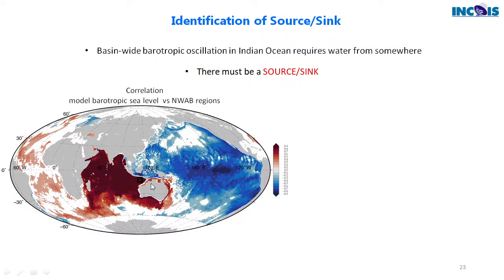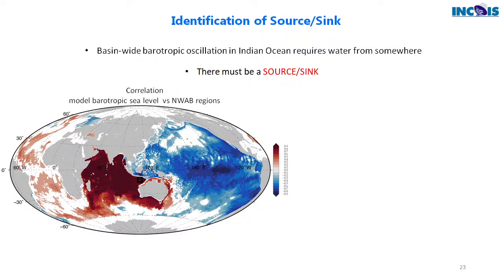It was very surprising that a positive correlation is seen for the entire Indian Ocean, which we have already seen from the satellite gravity measurements. But an anti-correlation, or out of phase correlation, is evidently seen in the Pacific Ocean. This tells us that the Pacific Ocean might act as a reservoir for this Indian Ocean barotropic variability.